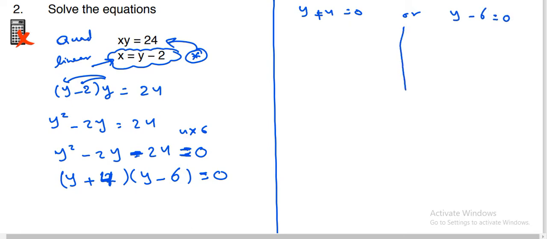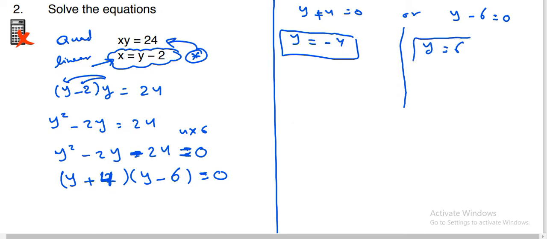We have two values for y, so we have to get two values for x. In star, as we said, x equals negative 4 minus 2, so x equals negative 6.